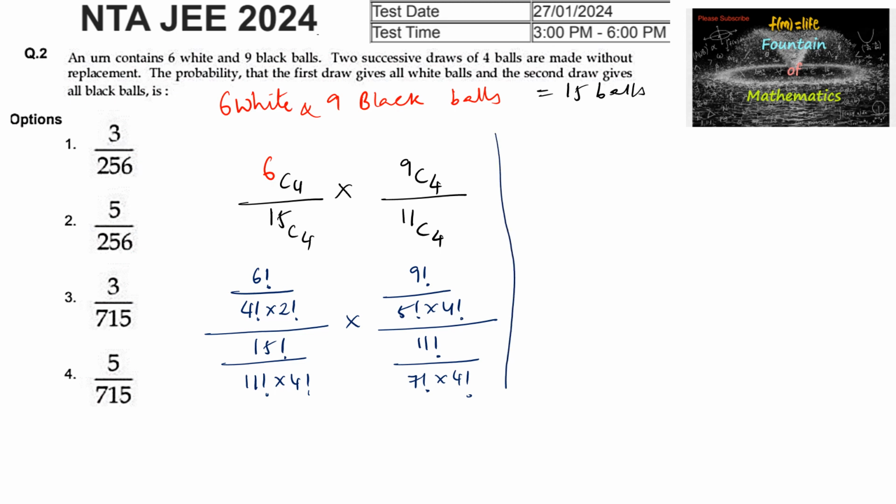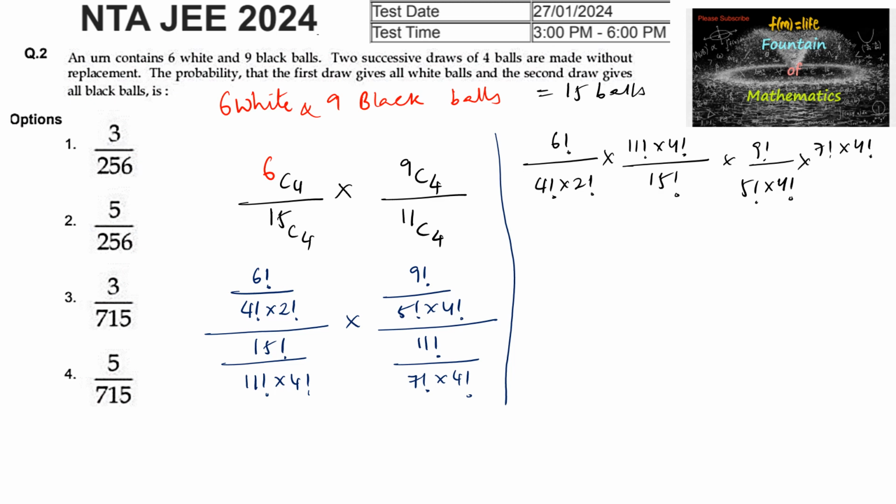So that we can write here 6 factorial divided by 4 factorial into 2 factorial into 11 factorial into 4 factorial, divided by 15 factorial into 9 factorial by 5 factorial into 4 factorial into 7 factorial into 4 factorial divided by 11 factorial.